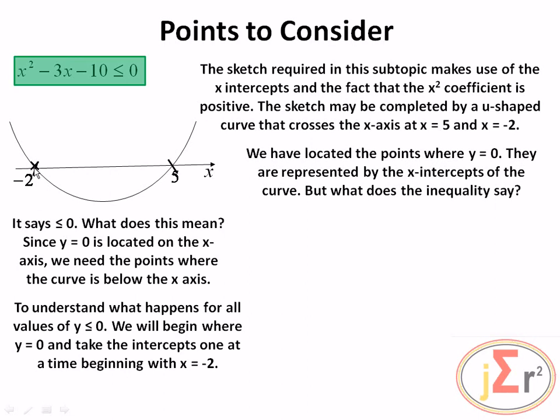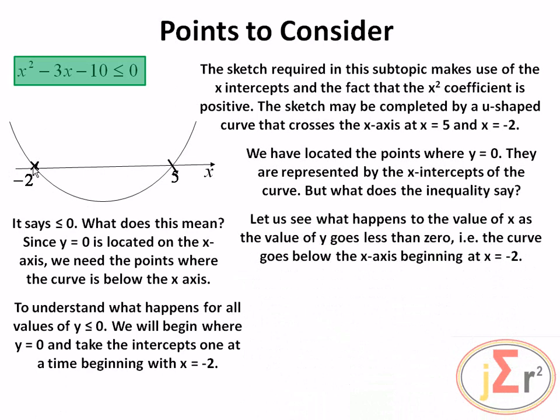So y is equal to 0 on the axis, y is less than 0 below the x-axis. So we are going to continue down below the x-axis and see what happens. While we are going down along the curve here, what is happening to the point that is on the x-axis?